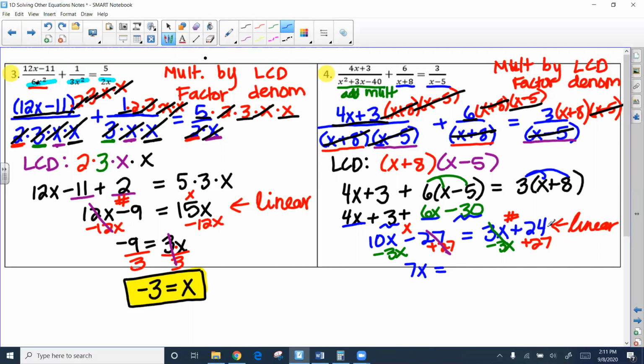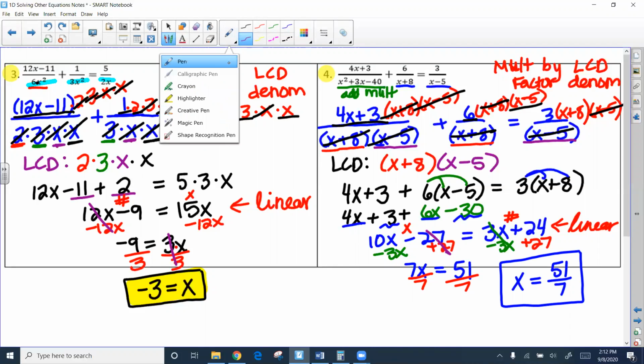Equals, on the other side, 24 plus 27 would be 51. And then the final step to isolate the variable, I have to get rid of the times 7, so I'm going to divide by 7 on both sides. And we get x equals, I'm going to leave this as a fraction since it doesn't divide evenly, 51 divided by 7, 51 sevenths.